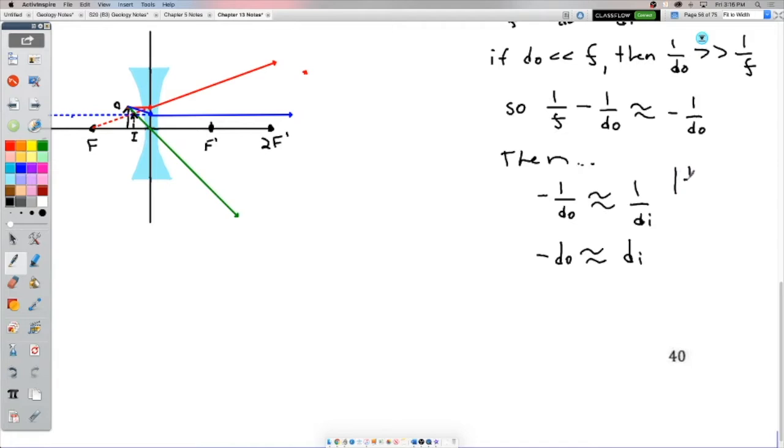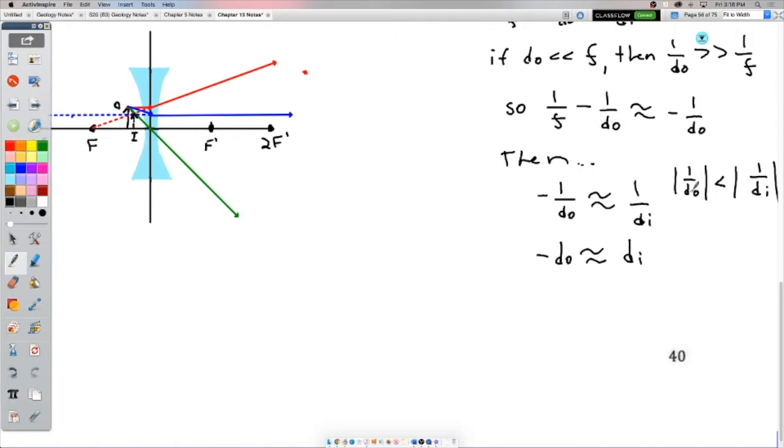So we could say the absolute value of 1 over d_o is still smaller than the absolute value of 1 over d_i, because this had that 1 over f, as tiny as it was. It still had that 1 over f, which would be negative, because the focal length would be negative. So we had a very small negative number minus a big positive number.